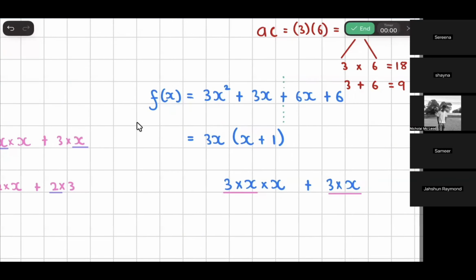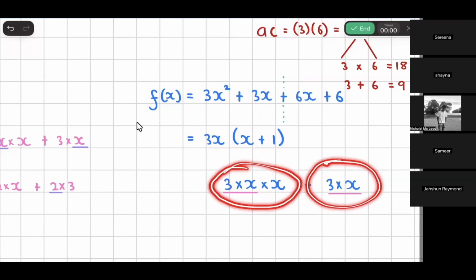We'll do a question together just now, but for this question, Christian, let's focus. 3x squared is the same thing as 3 by x by x. And 3x is the same thing as 3 by x. What do you see in common between both of these? 3 by x, sir. Right.